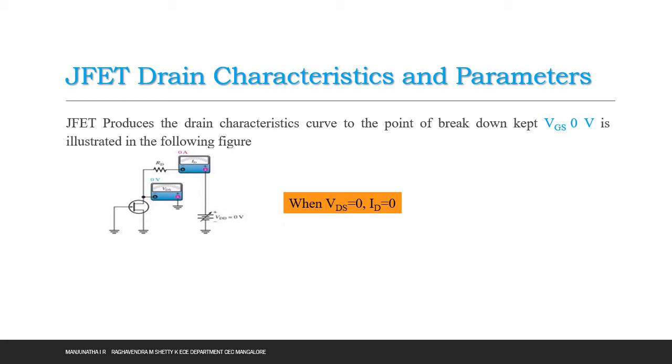A positive DC voltage source is connected to the drain. Source is connected to the ground and gate is also connected to the ground.